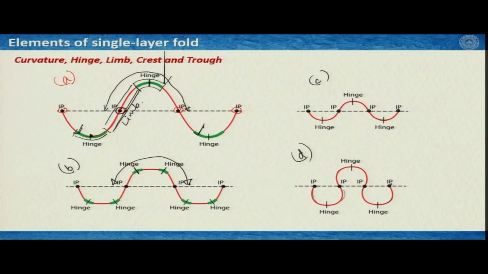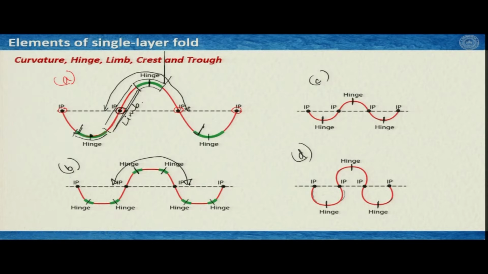The curvature is constant, but the inflection point is there because it separates senses of opposite curvature. So, if I have constant curvature all along the fold trains, then the hinge point is defined as the middle point between 2 successive inflection points. So, this is the hinge point here, here and here. Similarly, in illustration D, these 3 are the hinge points that you can consider.